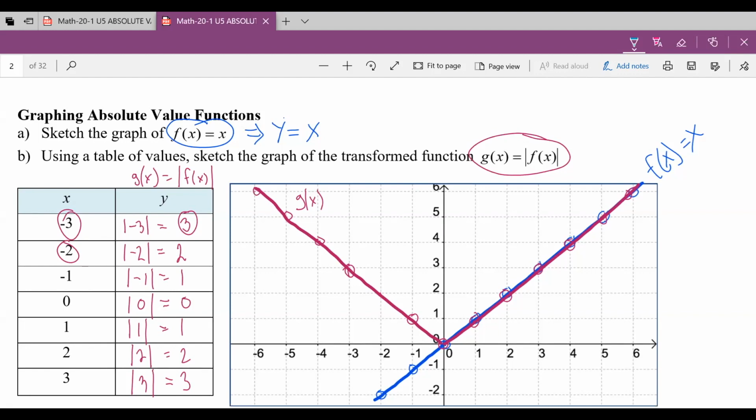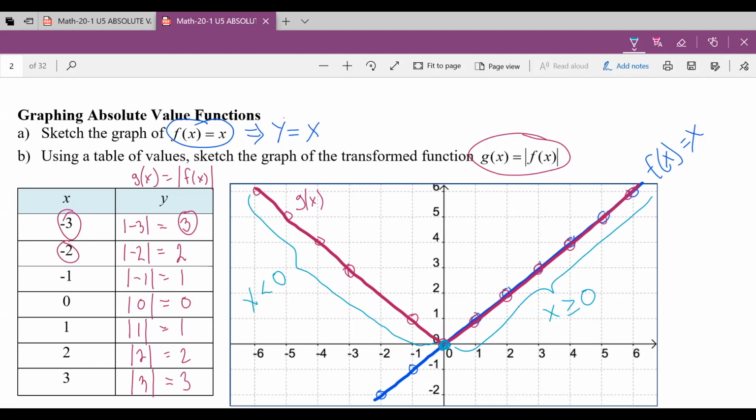So you'll see that there's a part of the function where the x values are less than 0. And then there's also a part of the function that becomes greater than 0. But not just greater than, but greater than or equal to 0, because on the right side of the graph, we're going to include the 0.